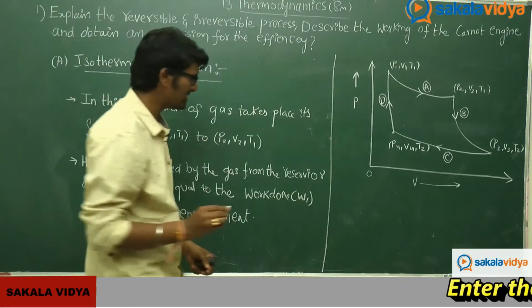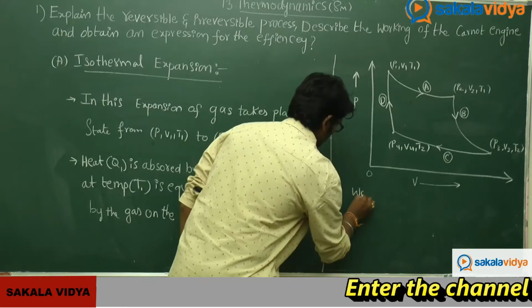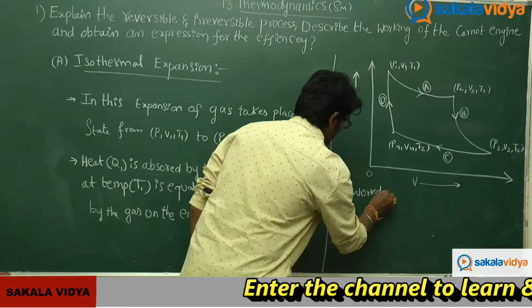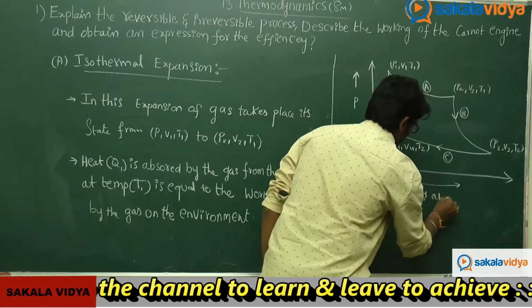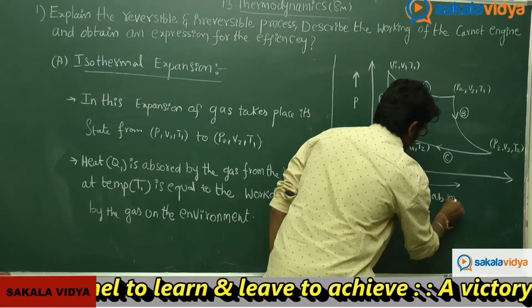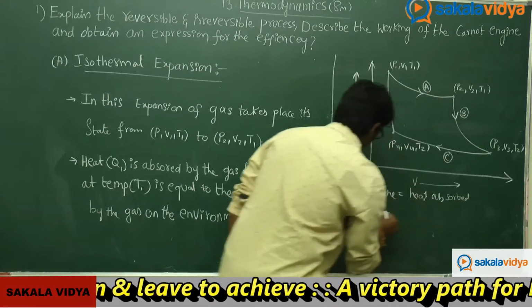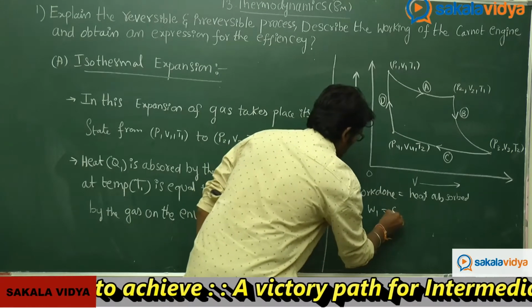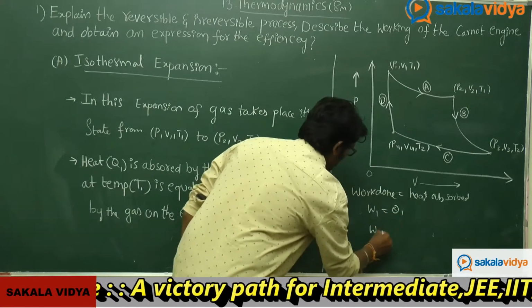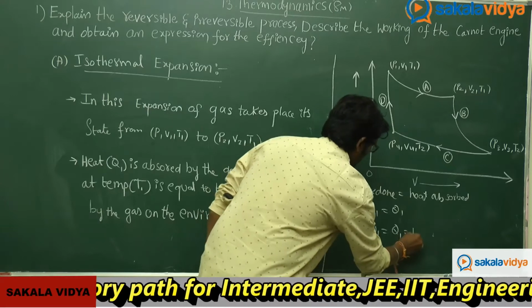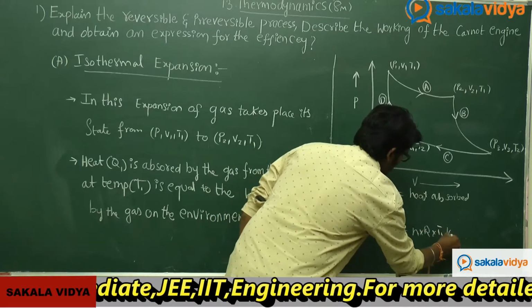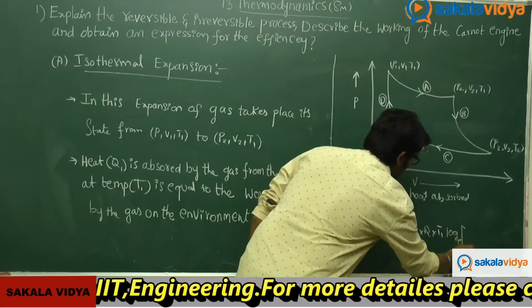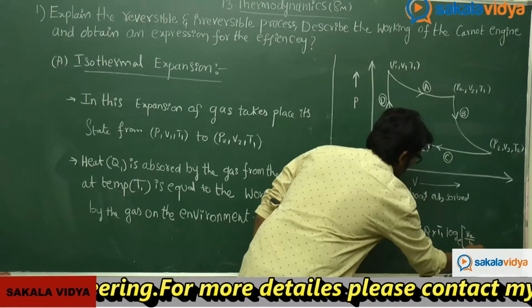So which means here work done is equal to heat absorbed, which means W1 is equal to Q1. We know that W1 is equal to Q1 is equal to nRT1 times log to the base e of V2 by V1.